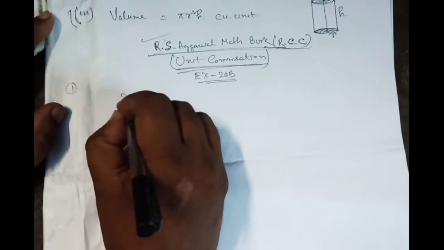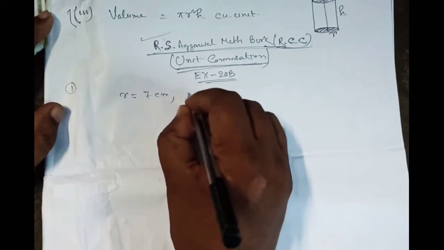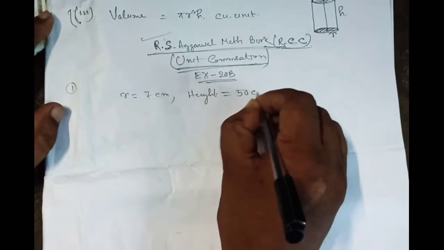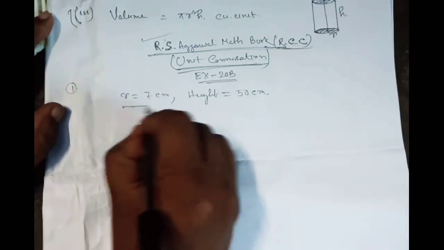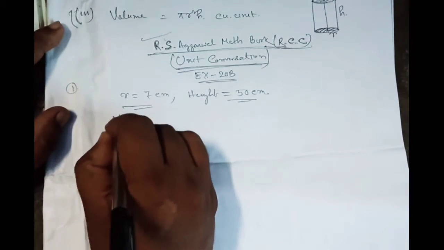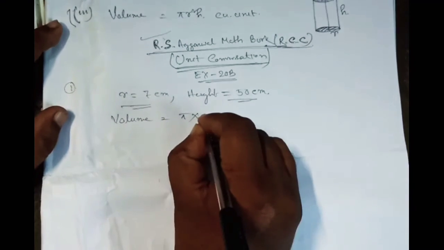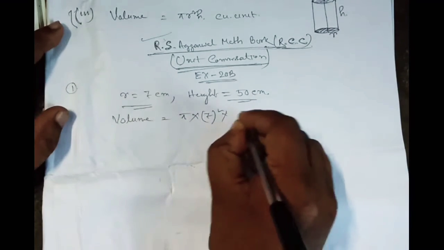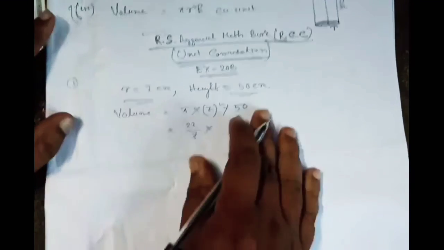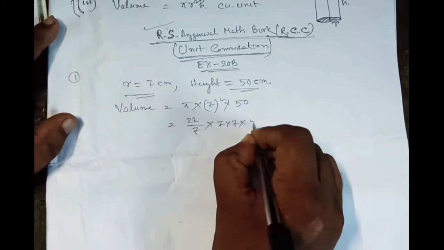Base radius is given as 7 centimeter, height is given as 50 centimeter. We have to find the volume. So what is the volume? Pi r square h, pi times 7 square times h, h means 50. Pi is 22 by 7. Then this equals 22 by 7 into 7 into 7 into 50.